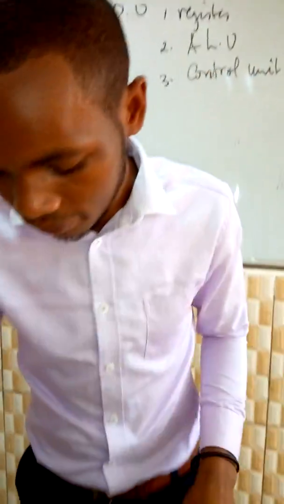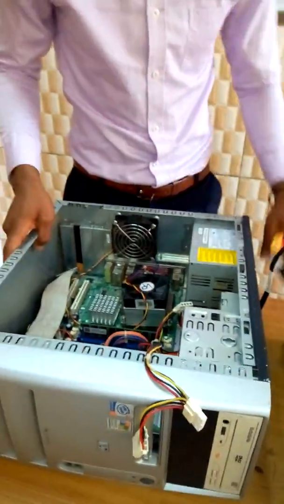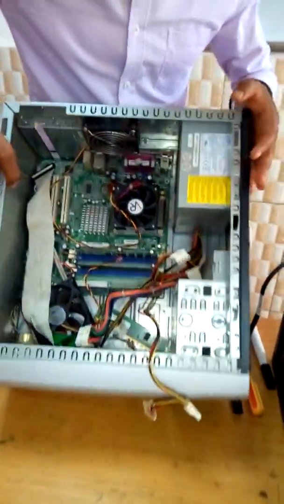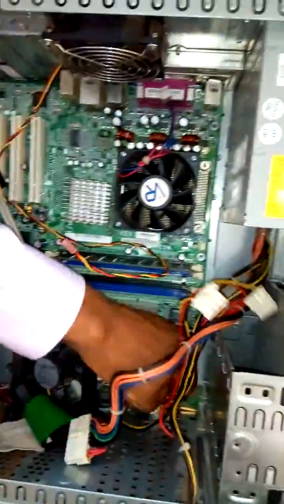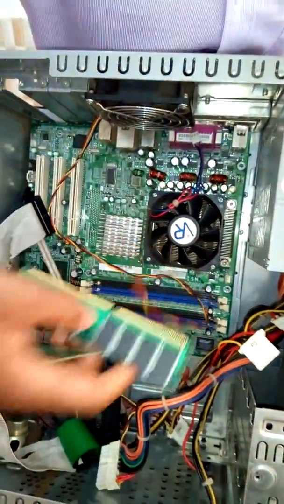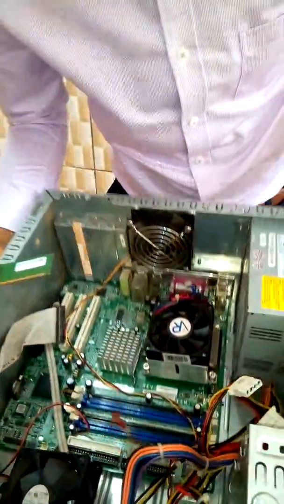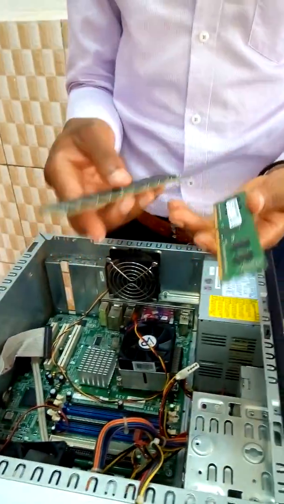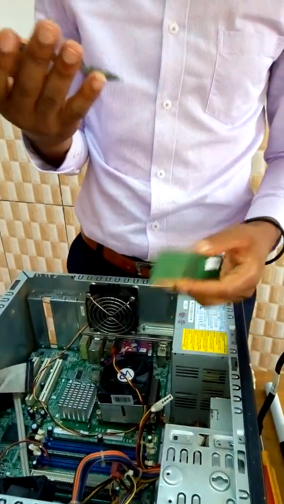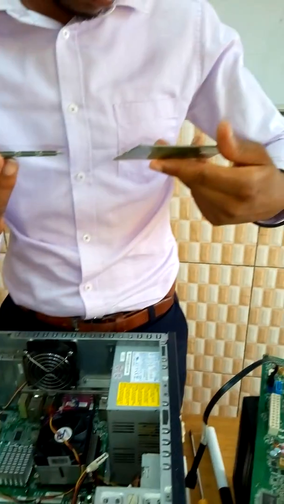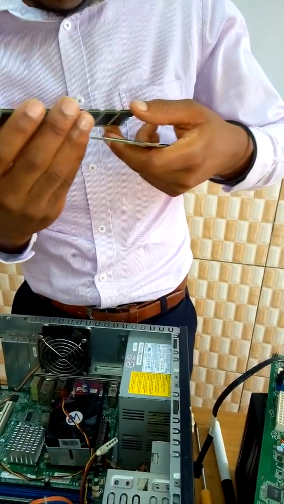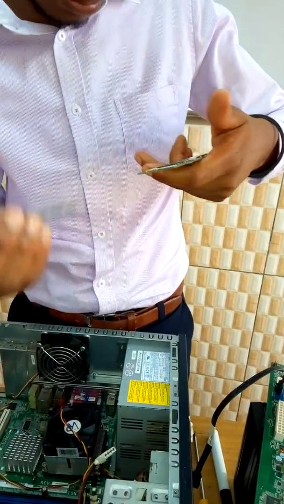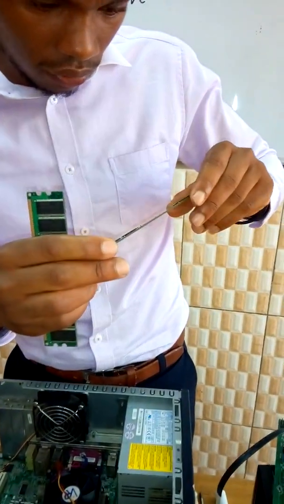Here in this case we have different components, but these two devices, this one is the RAM of 1 GB, and this one is for 2 GB.